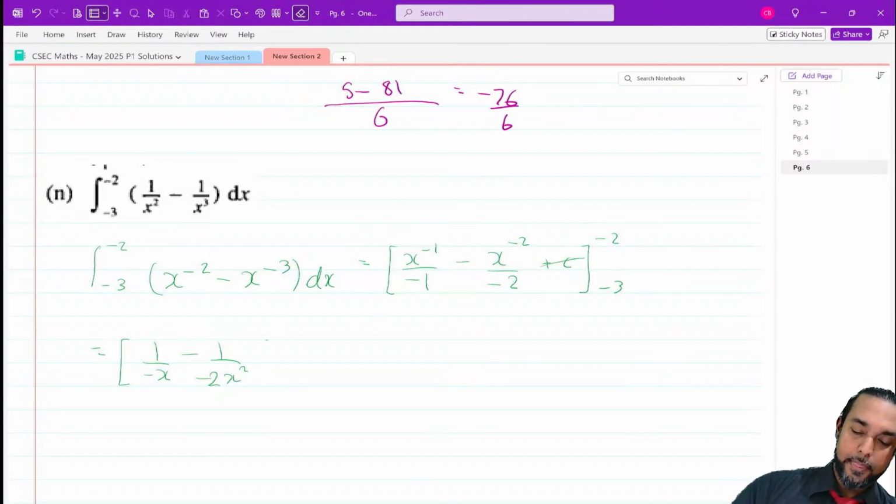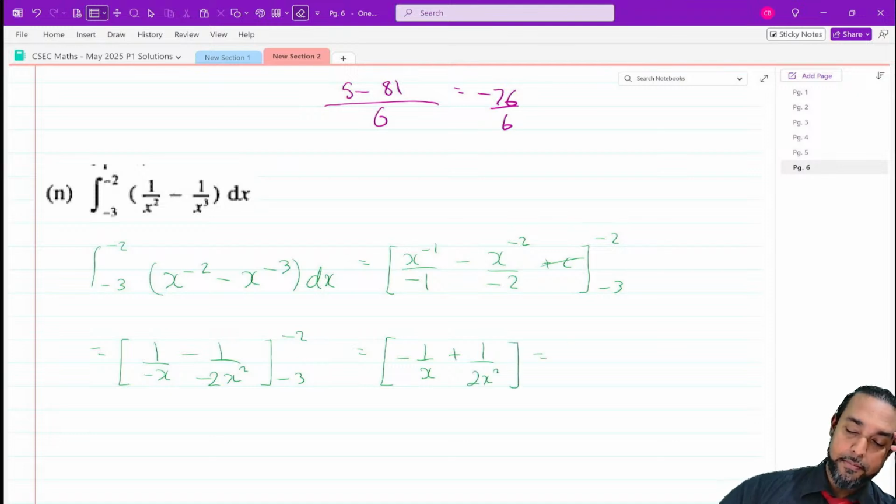We neglect that. And then you're minusing a minus, so it becomes a plus. So you have technically 1 over x plus 1 over 2x squared, which you could write, minus 2 minus 3, which you might probably prefer to write as 1 over 2x squared minus 1 over x.